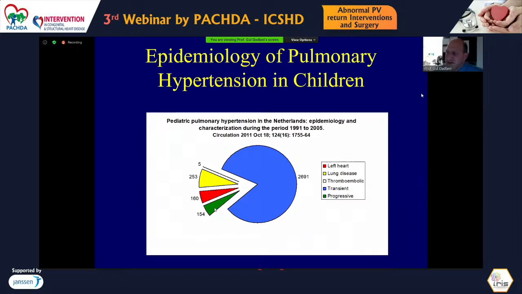So this would be the genetic portion there. But about 2/3 of the patients had this transient pulmonary hypertension that improved due to either developmental issues or prematurity in the lung bed. So there is ample opportunity for progressive growth of the lung bed over time, as long as we support the lung while it is growing.